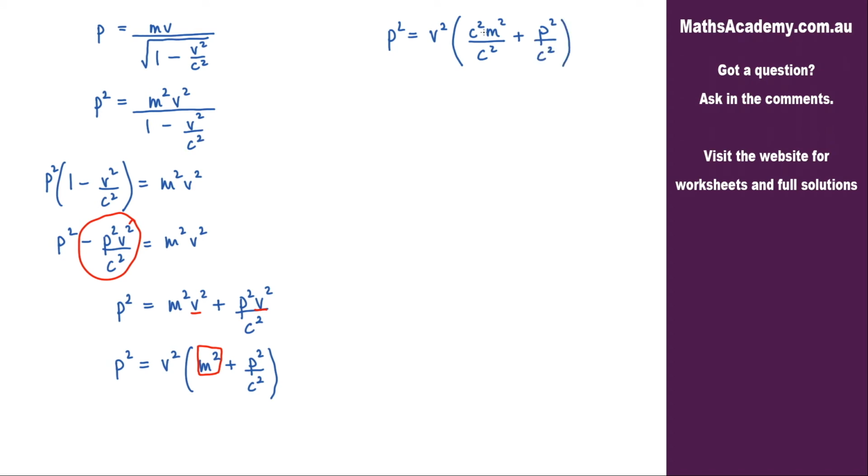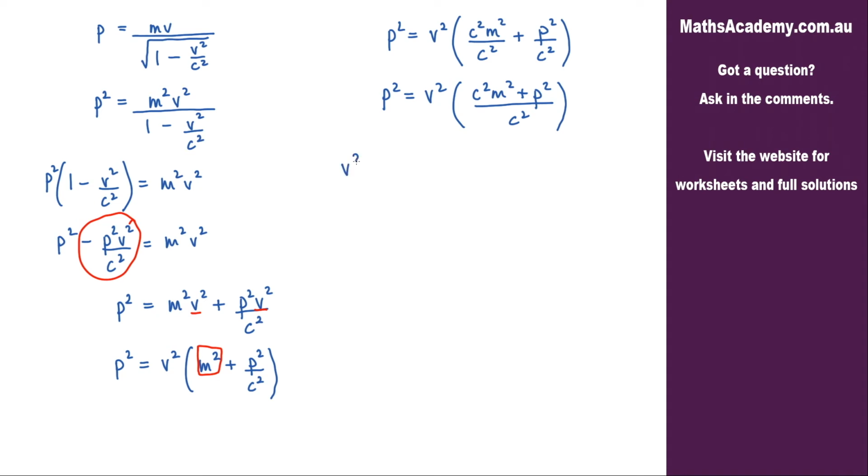And then I can gather these two together and put them as a single fraction. So p squared is equal to v squared. We'll have c squared m squared plus p squared, that's over c squared.